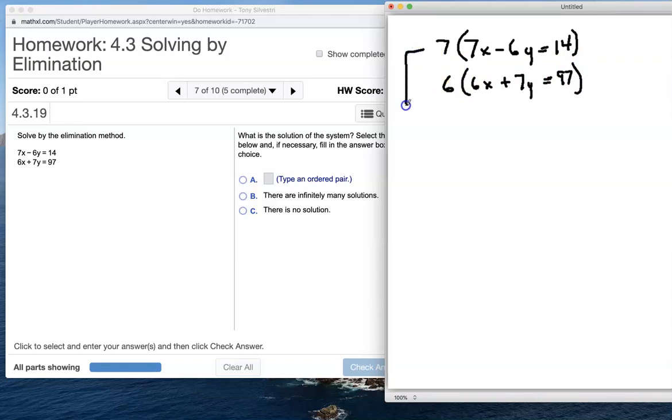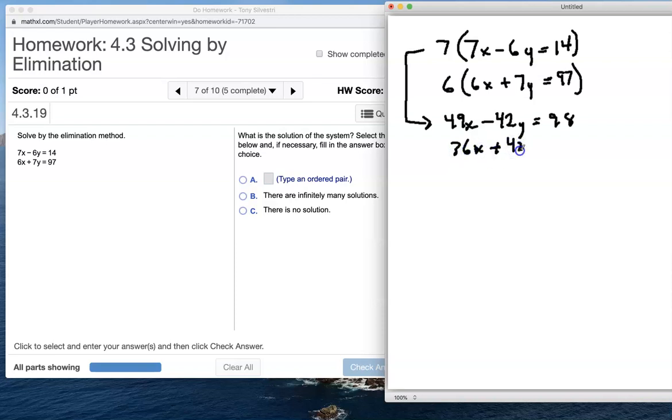So we actually have to multiply both equations by numbers. So here's what we're going to do. We're going to put the answer to that problem up top here. 49, we're going to put it down here. 49x minus 42y equals 7 times 14 is 98. Okay, and so the bottom is 36x plus 42y.